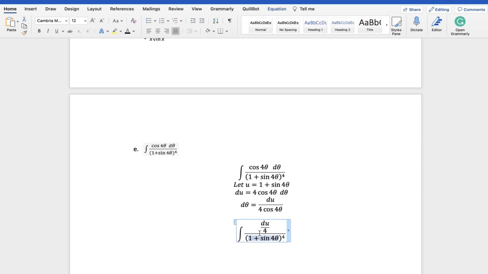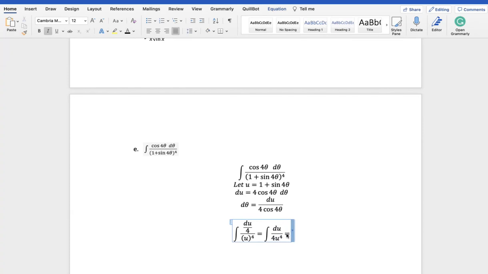And divided by u to the 4. Remember your substitution. And this can be simplified to be du divided by 4u to the 4.